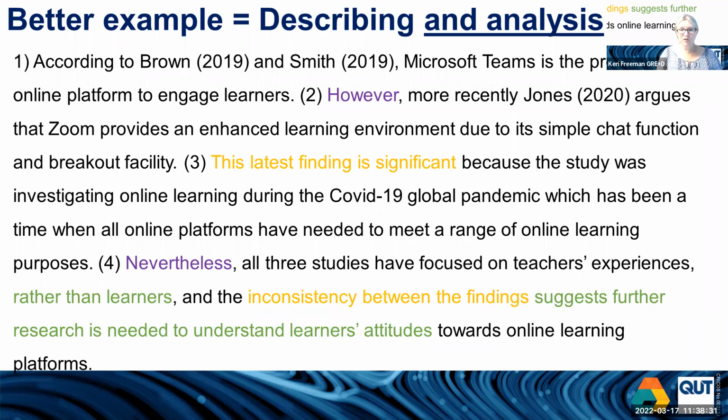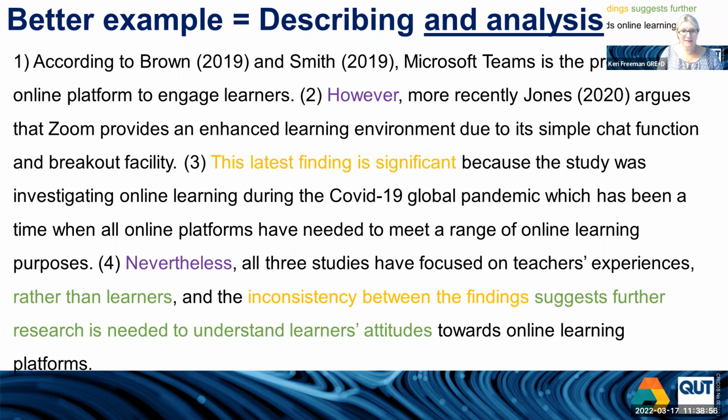All 3 studies have focused on teachers' experiences rather than learners, and the inconsistency between the findings suggests further research is needed to understand learners' attitudes towards online learning platforms. So then we probably want another sentence to say, this study will help to fill this gap, right?